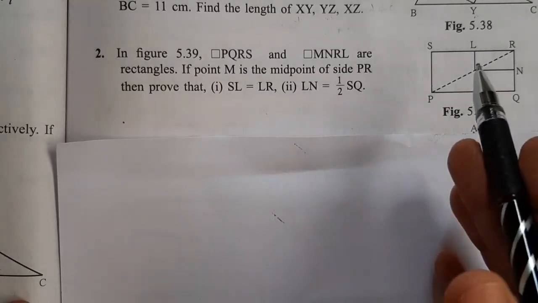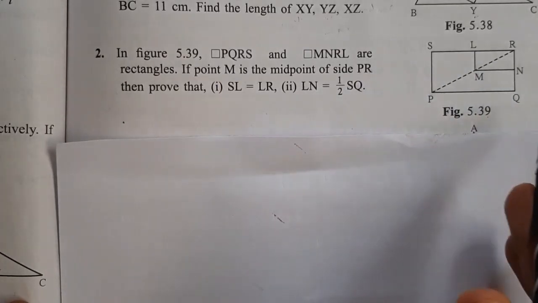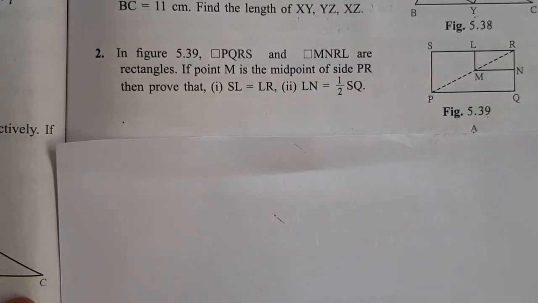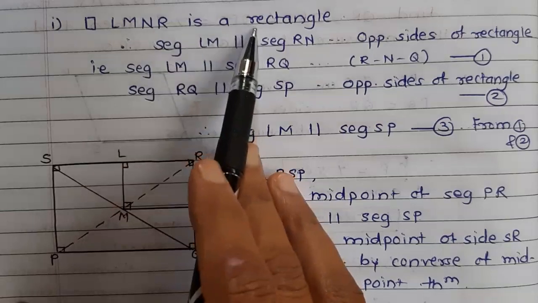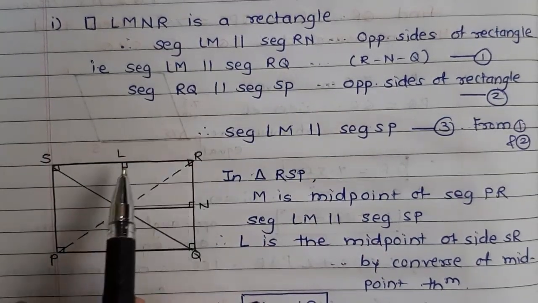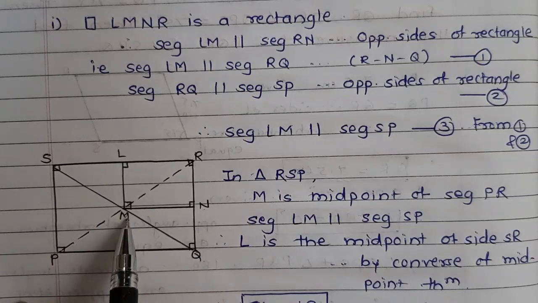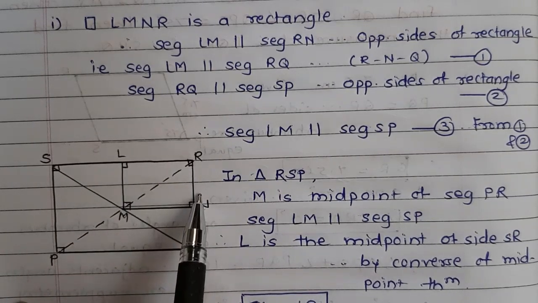That means here we have to do some construction. We have to show that LN equals half of SQ. Okay, now see the answer. See here, quadrilateral LMNR is a rectangle. So here segment LM is parallel to segment RN, because these are the opposite sides of a rectangle.